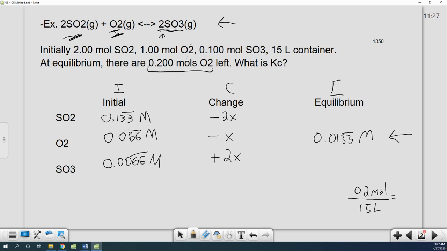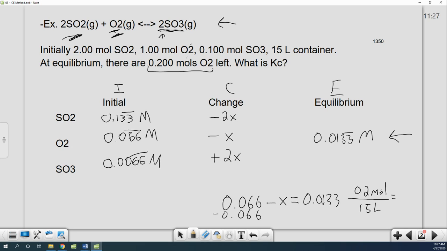And now if you look at that middle column here, we've got all the information we need. We know we started at 0.066, we subtracted something, and we ended up at 0.0133. You need to find what x is. So some basic algebra here. Subtract 0.0666 from both sides.